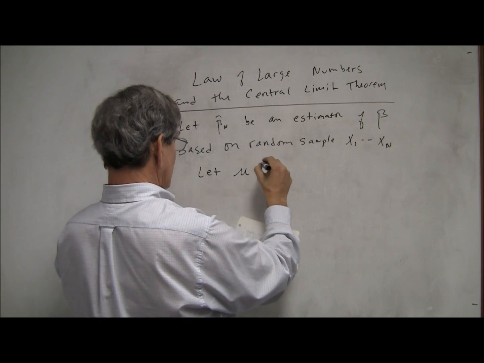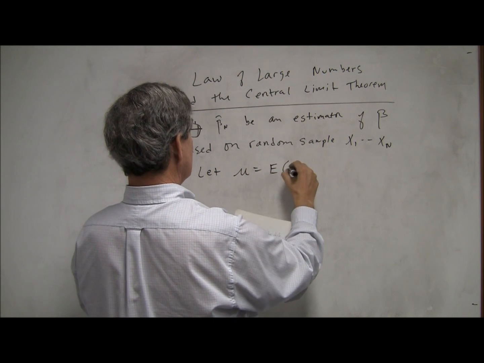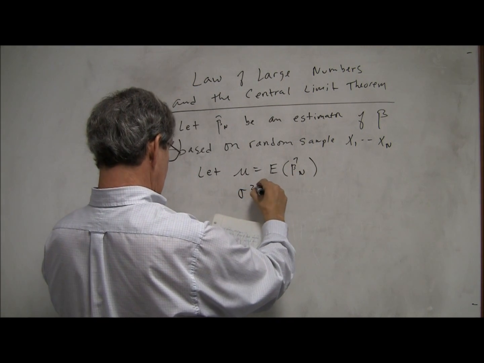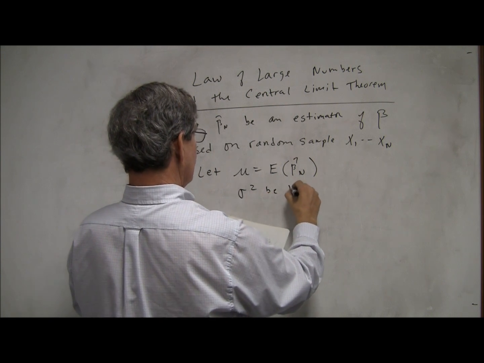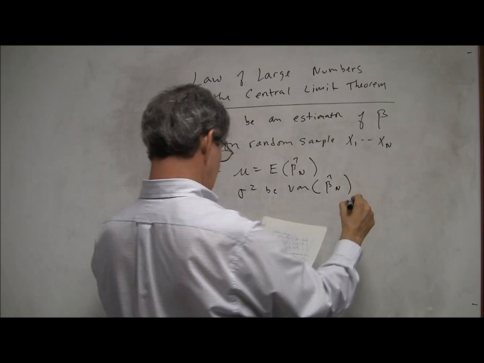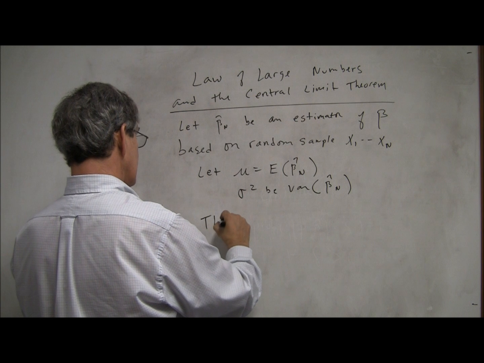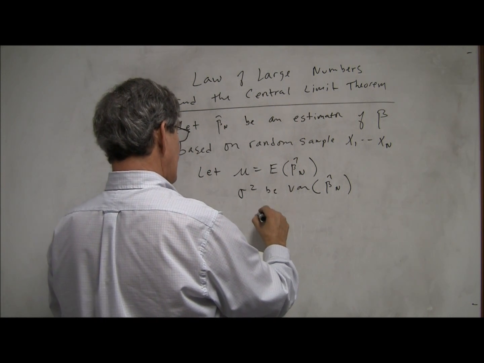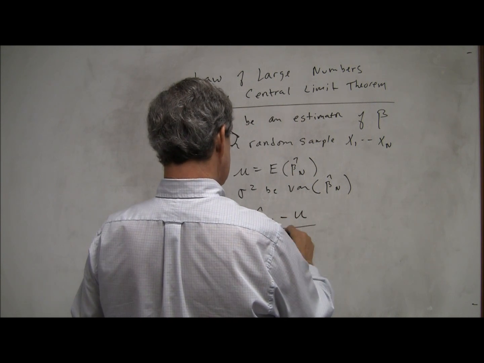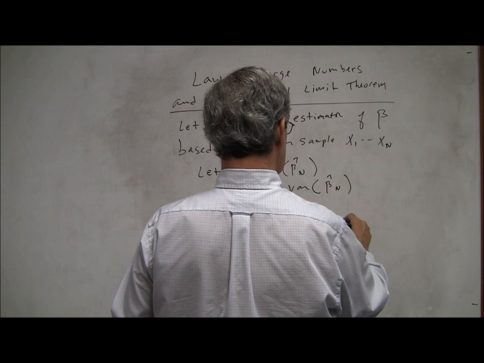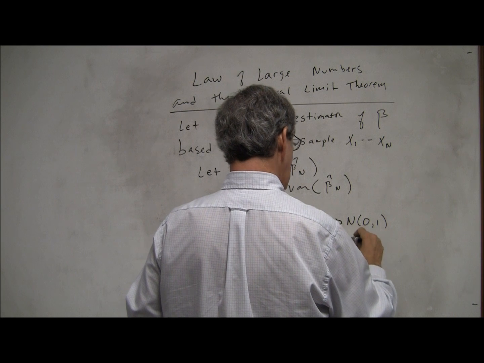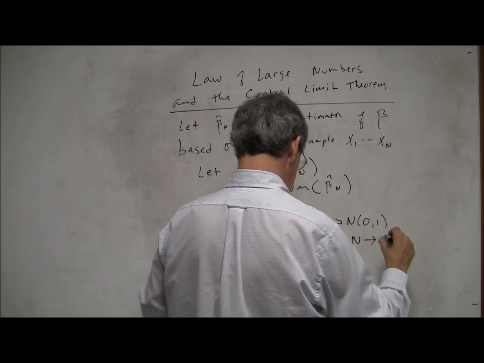Okay. Let mu be the expected value of beta hat n, and sigma squared be the variance of beta hat n. Then beta hat n minus mu over sigma converges to a normal 0, 1 as n goes to infinity.